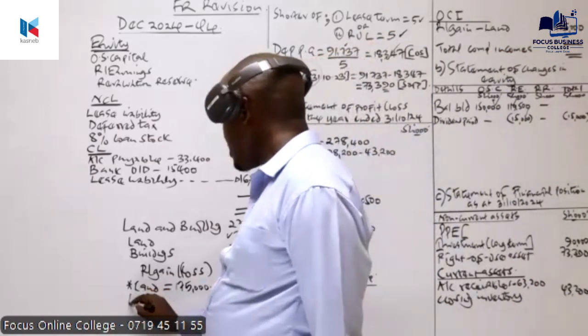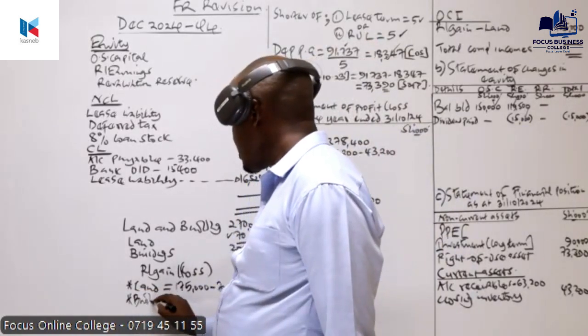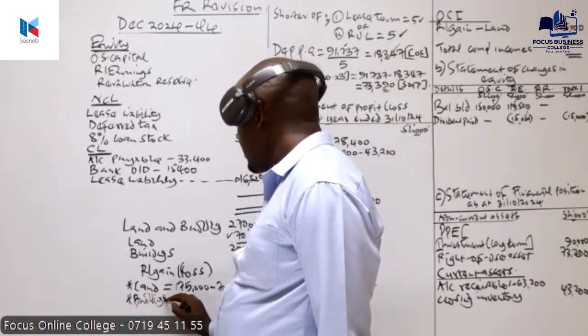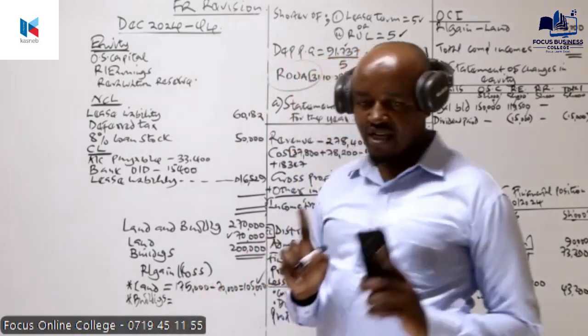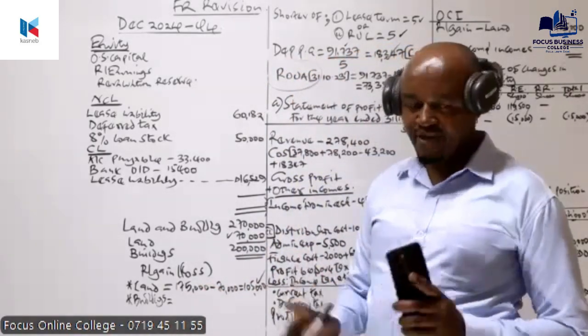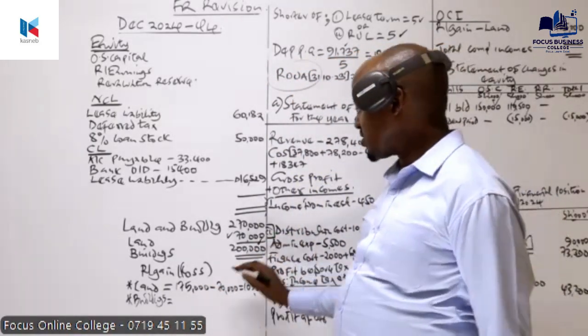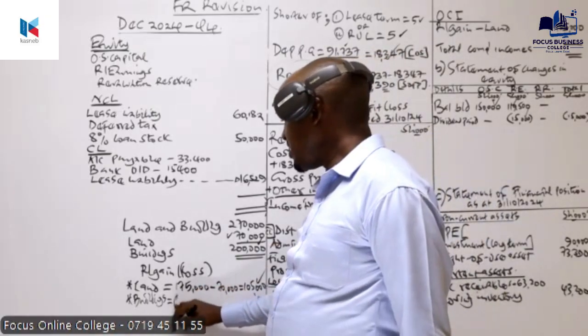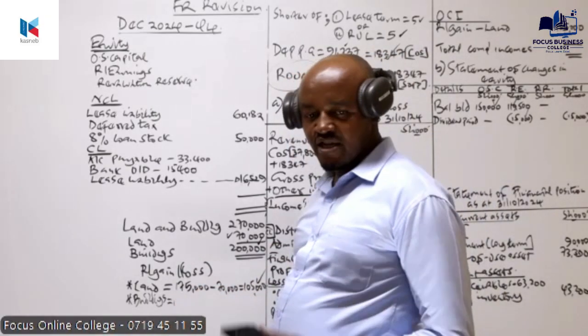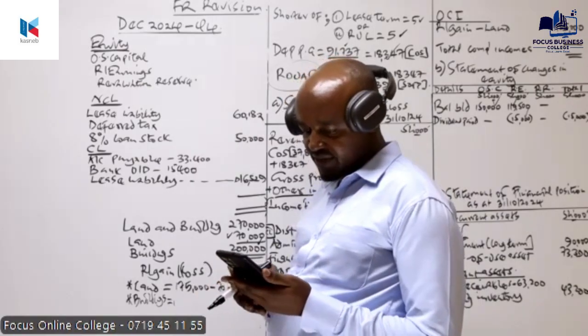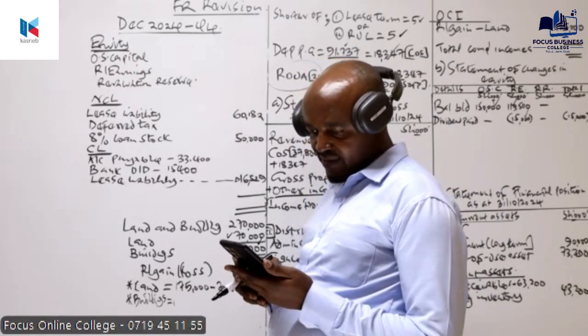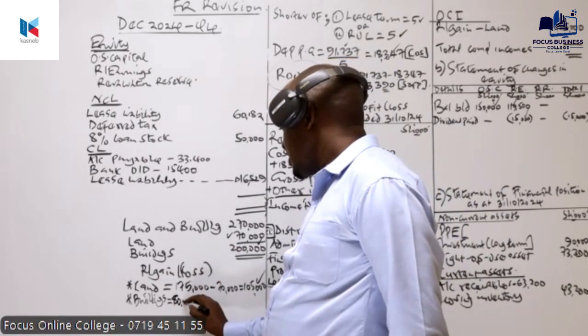Then we do the same for buildings. For buildings, we will not take the cost, because buildings are depreciable. The revalued amount, first of all, as per that point, is 80 million.